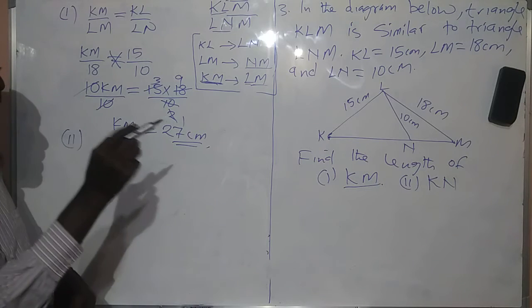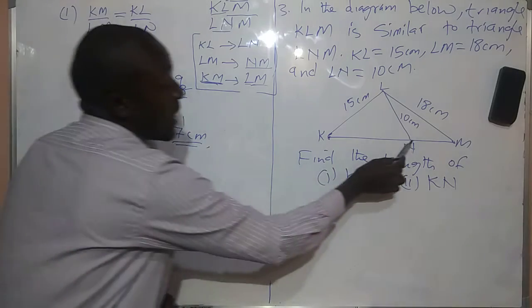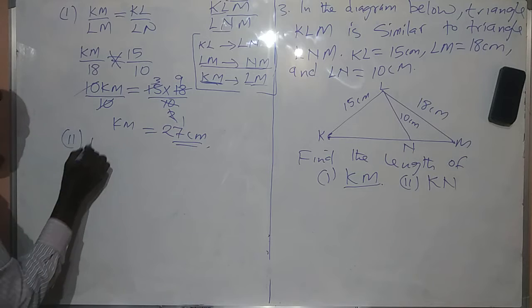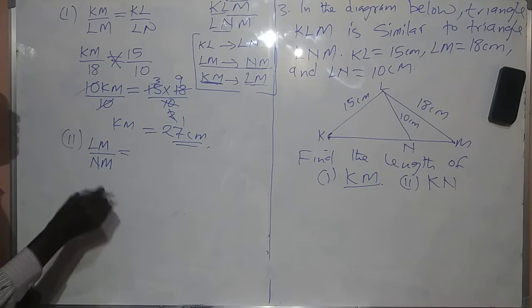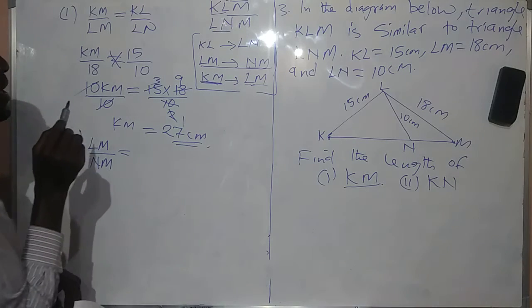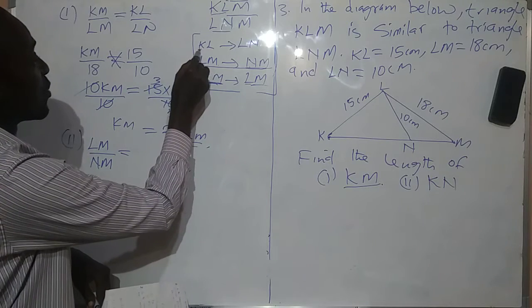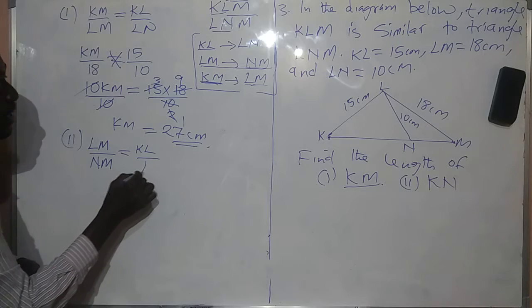And then after finding NM, we are going to subtract this 27 that we got. So we can find NM here by using this one here. So we are going to have LM divided by NM is equal to, and then we are also given this one here, is equal to KL divided by LN.